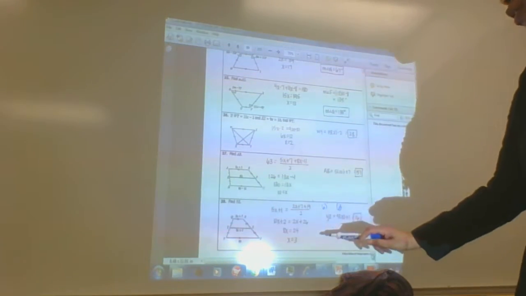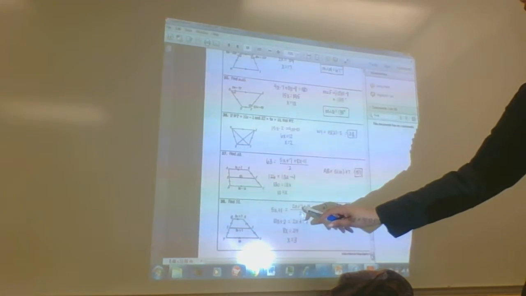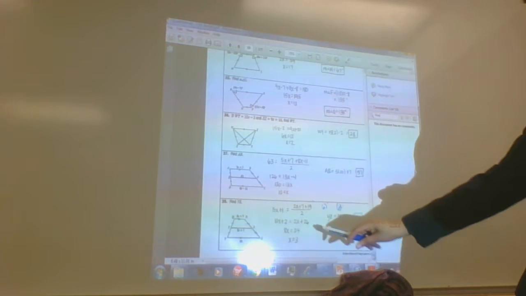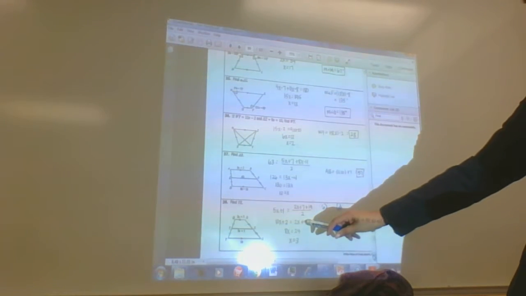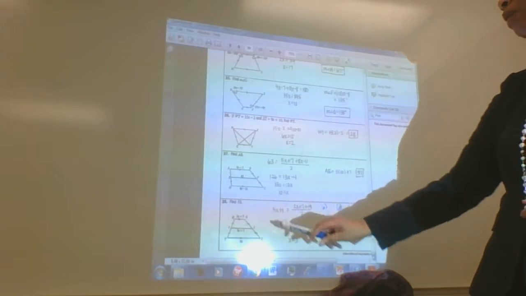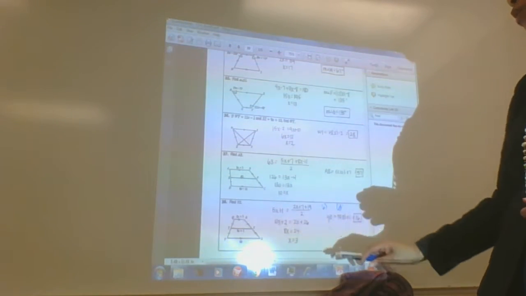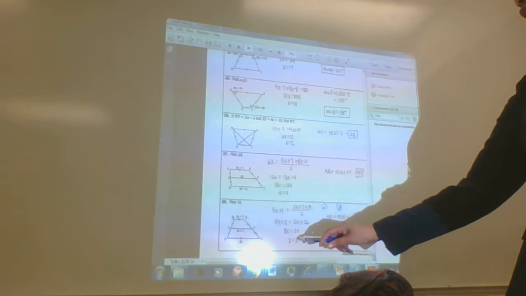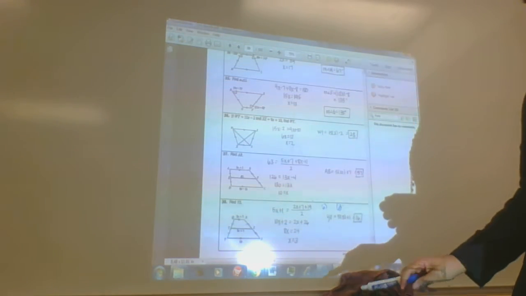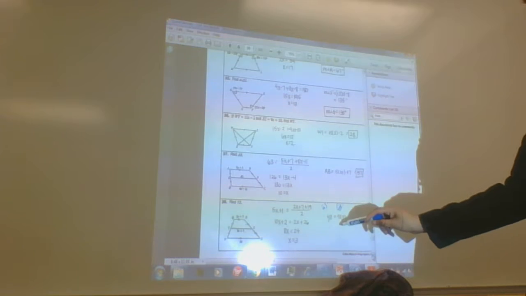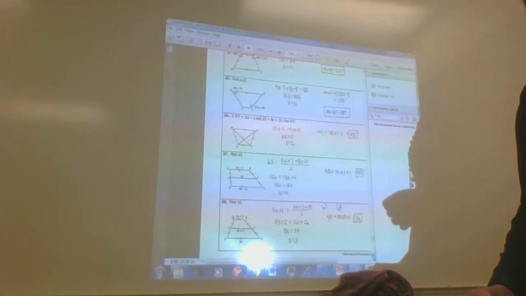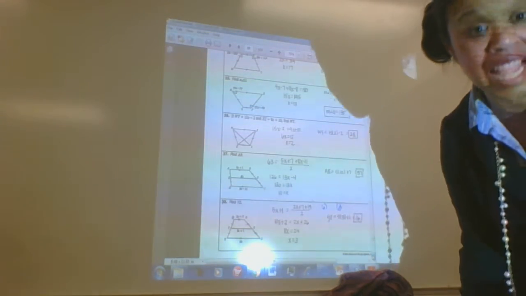And so we added 2x plus 7 plus 19 over 2. And we got 2x plus 26 all over 2. I'm going to multiply 2 on both sides. I get 10x plus 2 equals 2x plus 26. 8x equals 24. Divide by 8. X equals 3. And then we plug it back in. And we find that YZ equals what? 16.